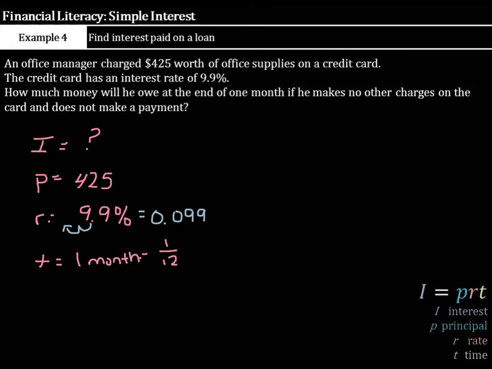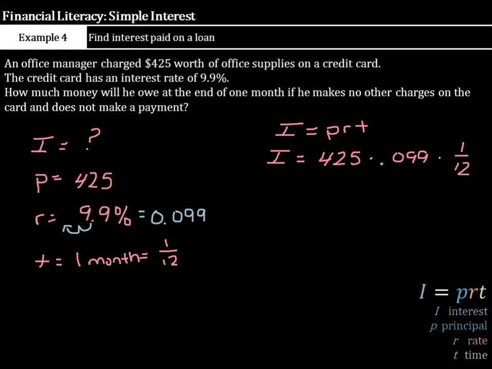Now, let's put this into our interest formula. I equals PRT. The interest we're solving for still. The principal is $425. The rate is 0.099. And our time is 1/12.